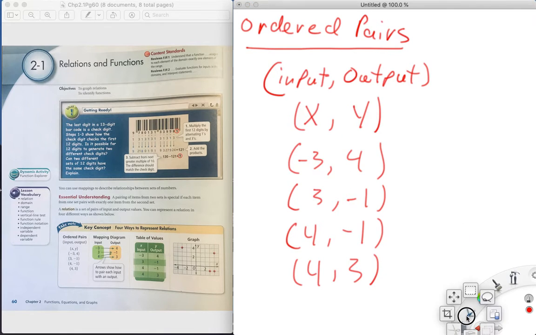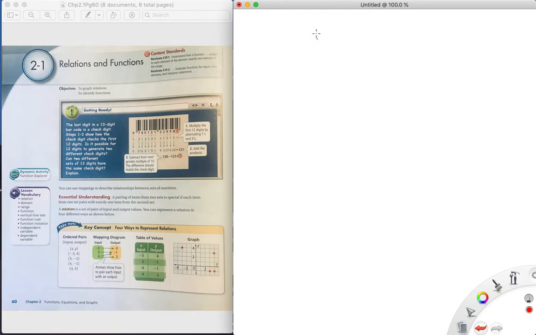Another way of showing a relation is called mapping. In mapping, you have your input over here and your output over here.